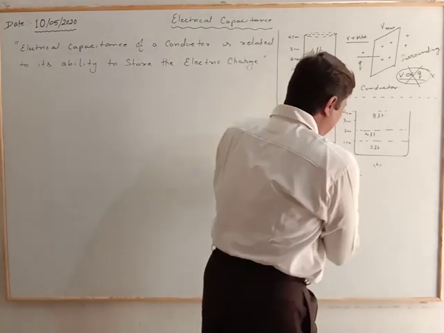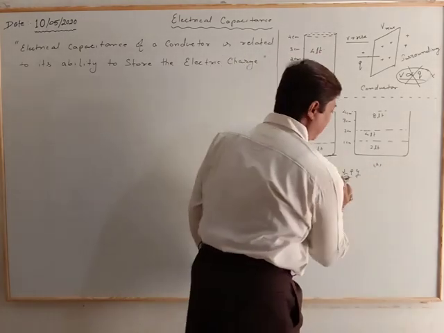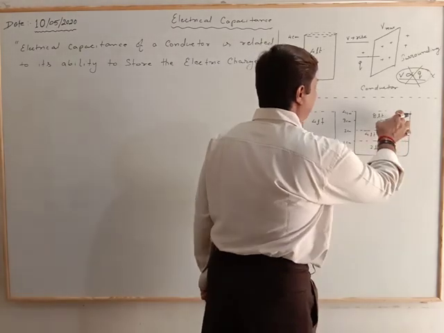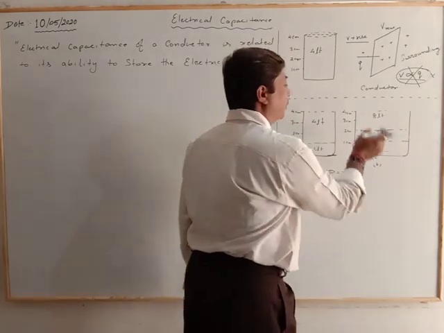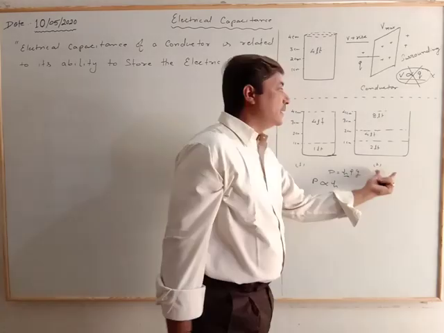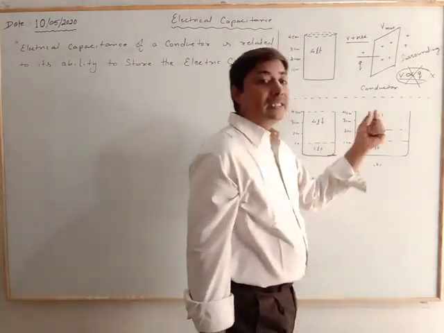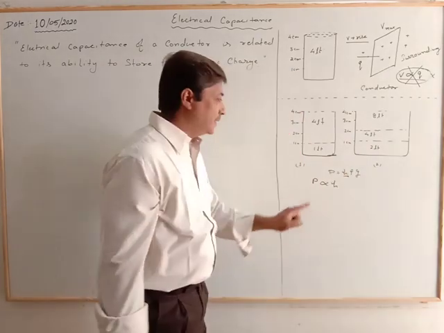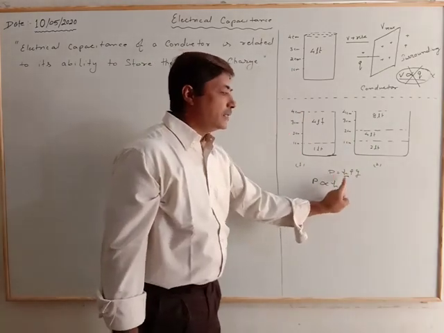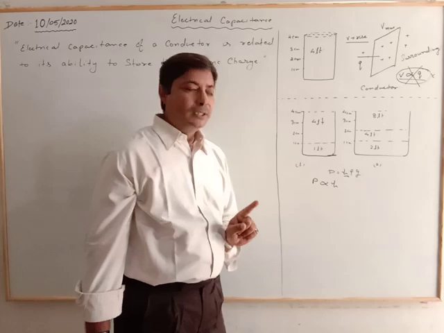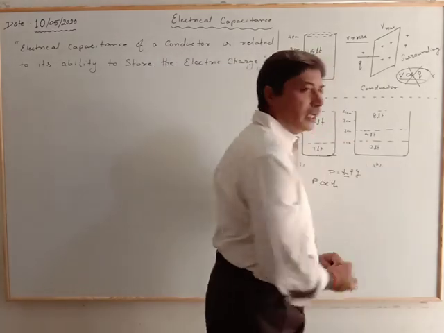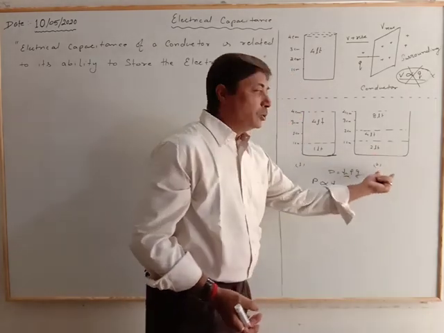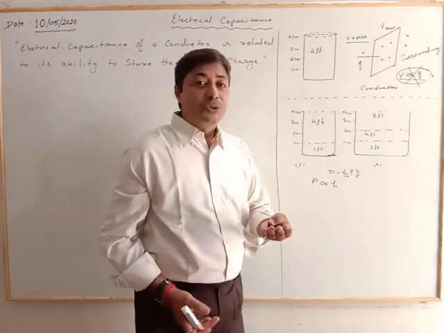To maintain the same pressure, that is of height h, suppose beaker 2 contains liquid up to 8 liter, to gain the same pressure, P equals hρg. What we observe in this is that beaker 2 has more ability to store.